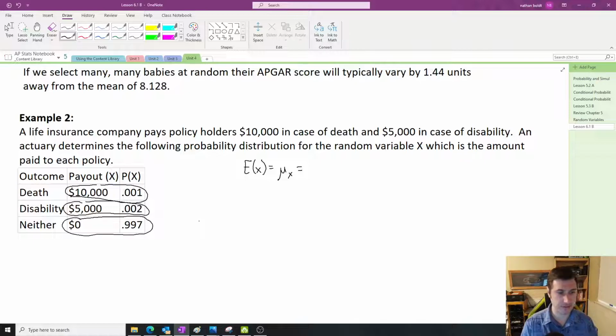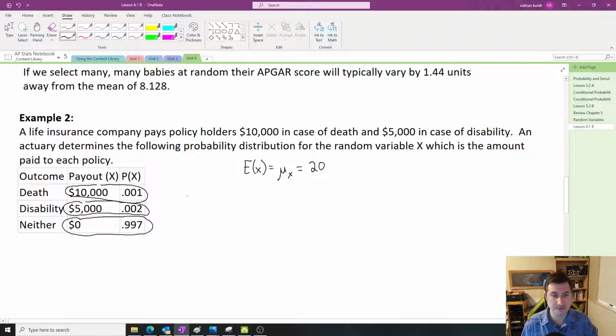I could add the third one, but it's just multiplying by 0, so it doesn't matter. Our average value there is 20. So on average, we're paying out $20 to each person. Now that's an average, right? We're not actually paying each person 20 bucks. Most people are getting 0. A few people are getting much higher numbers, but on average, it's 20.